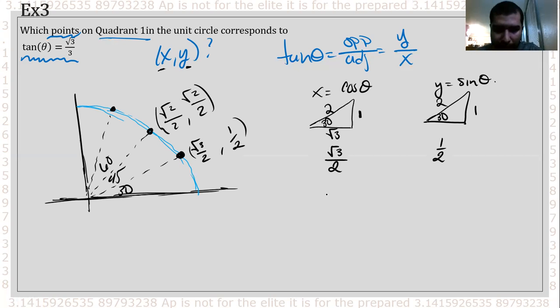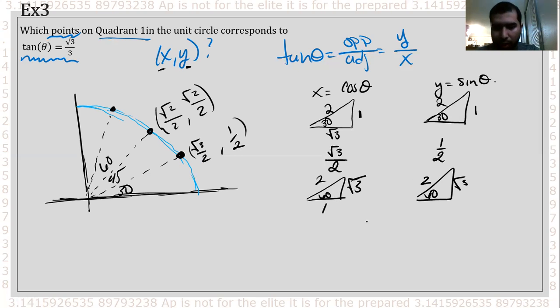Ideally, I can do the same thing for my 60. So this is 60, this is 60. So square root of 3 is the side that is projected by the angle of 60. And we have that our hypotenuse is still 2. And my 30 gives me the 1.